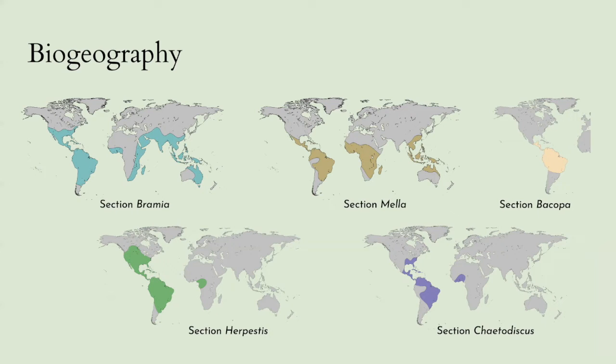Each of these sections, from the initial historical classification, has a member outside of North and South America, with the exception of section Bacopa, consisting only of the species Bacopa aquatica. But these other sections have members at least in Africa, sometimes a little farther distributed.